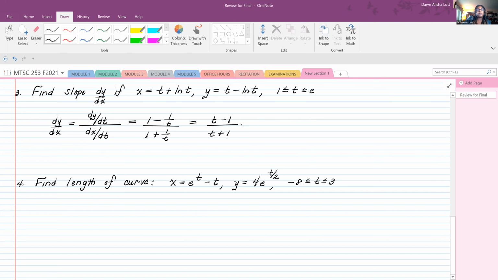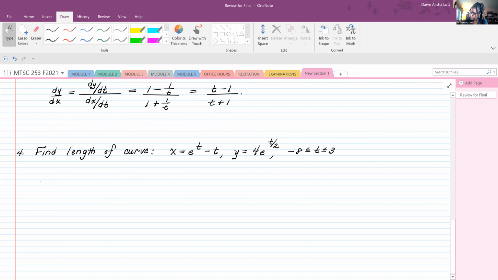Okay, so the length of the curve is the integral from -8 to 3 of the square root of x prime of t squared plus y prime of t squared dt. So I got up to that part, then I stopped.